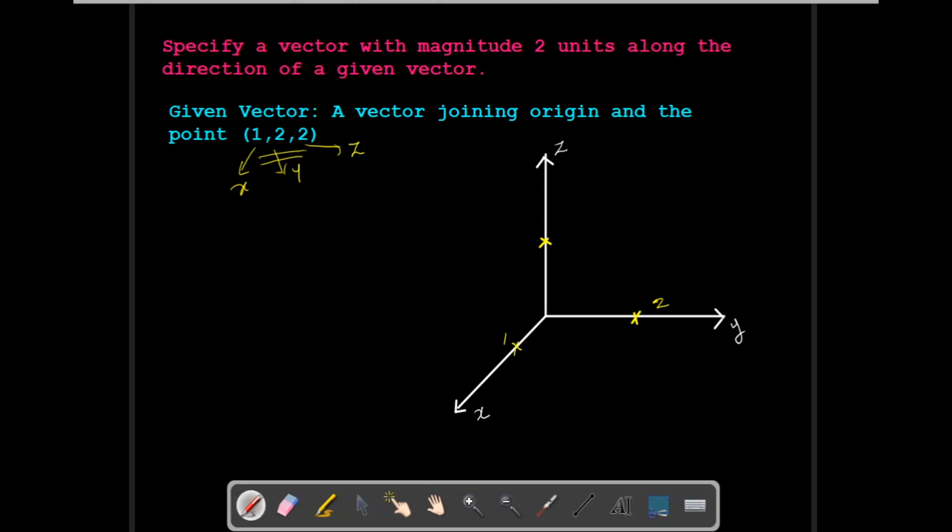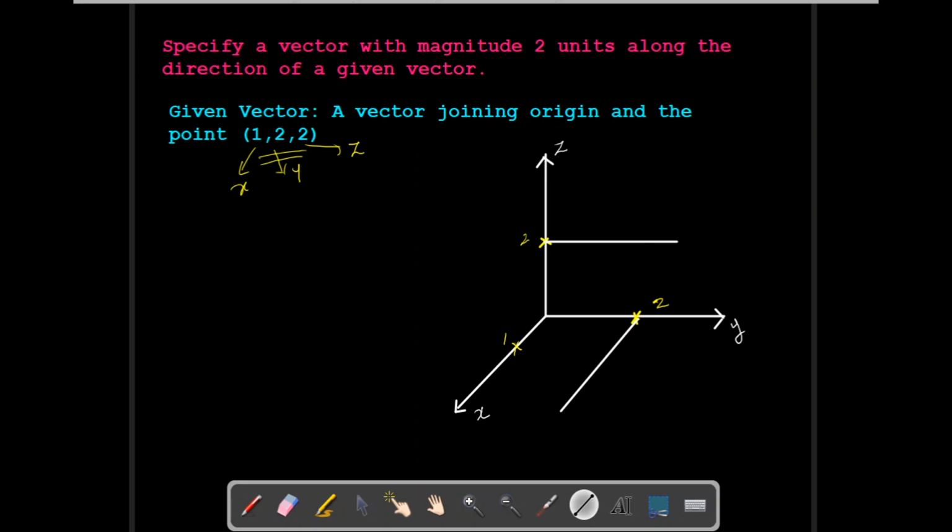For a better feeling of this, let us draw a parallel line from this point along the x-axis, then a line parallel to the y-axis from point 2 on the z-axis.